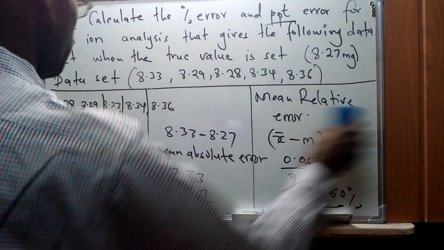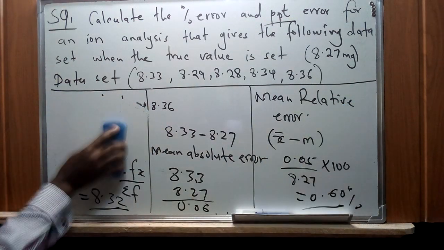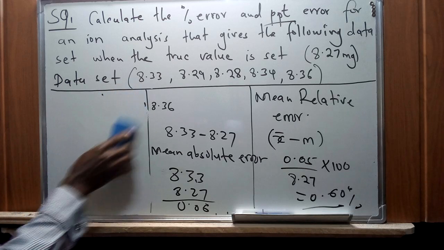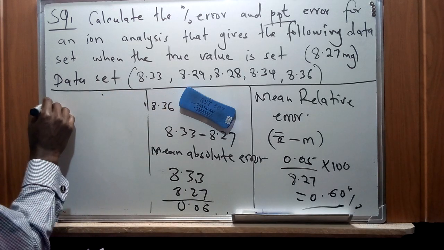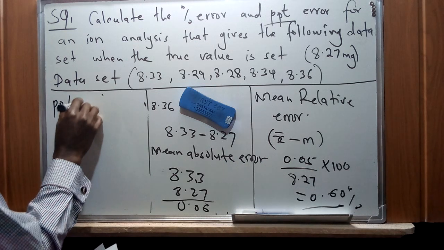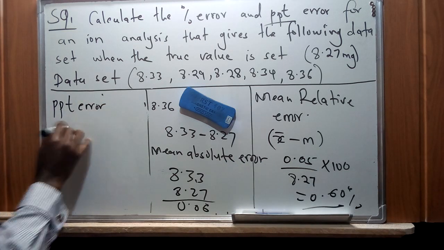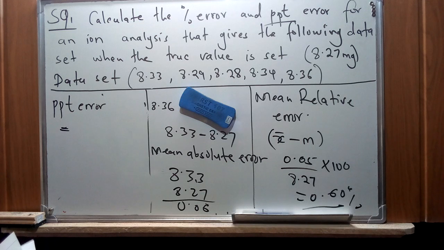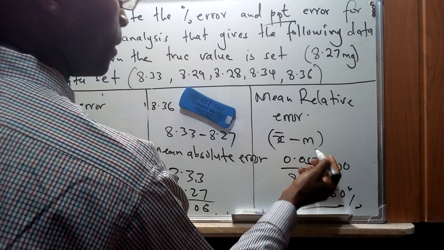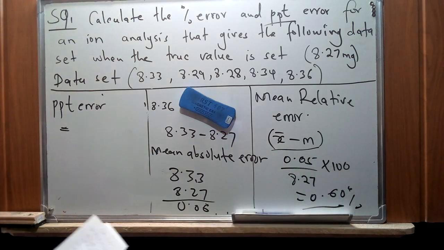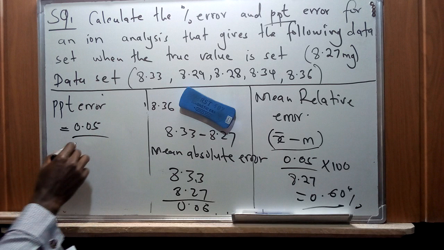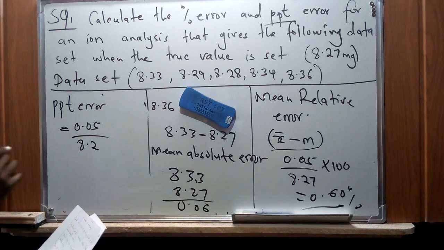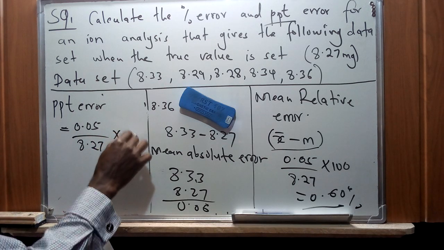So the mean relative error in parts per thousand is going to be given as the mean relative error, which was 0.05, over the true value 7, times 1,000.